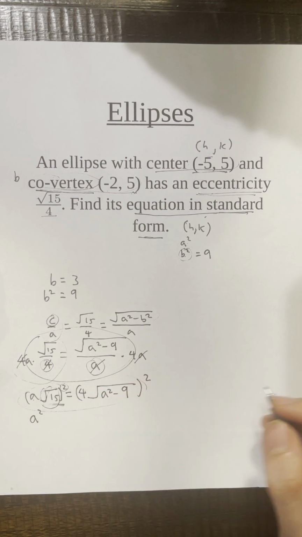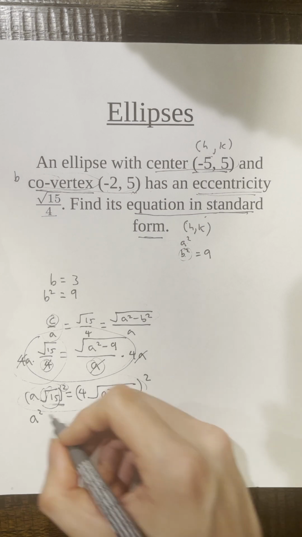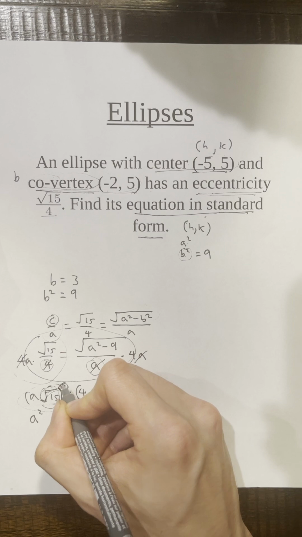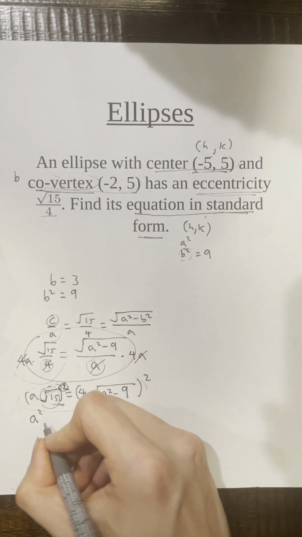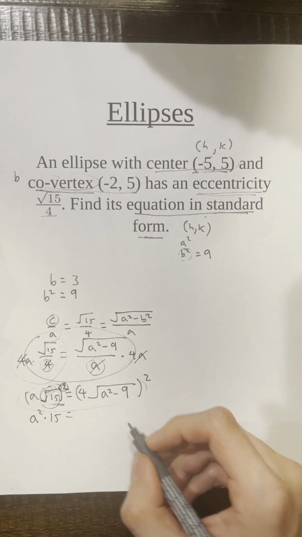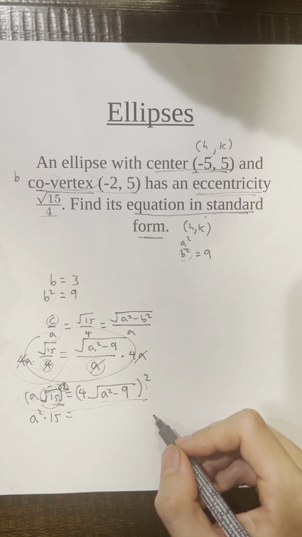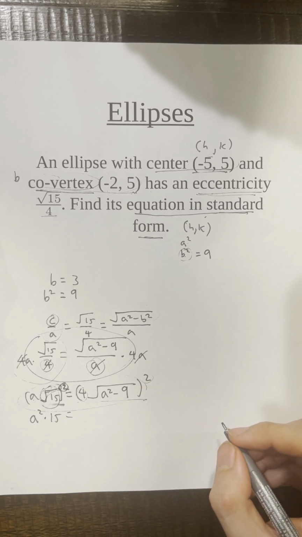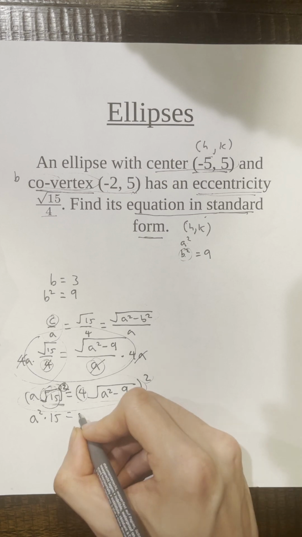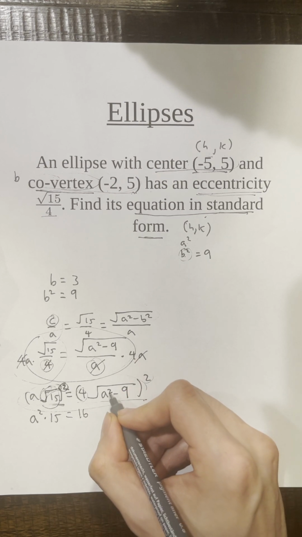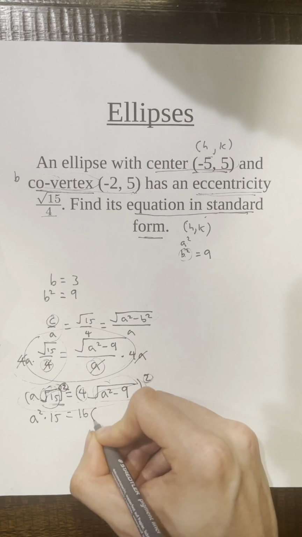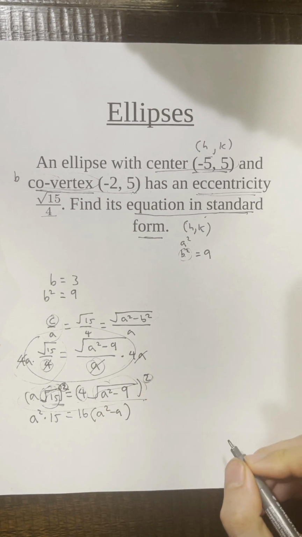What's root 15 squared? So the square root cancels out when you square it, when you raise it to the power of 2. So this just turns into 15. How about here? What's 4 squared? 16. And then the radical goes away because of the square here. So it's times a squared minus 9.